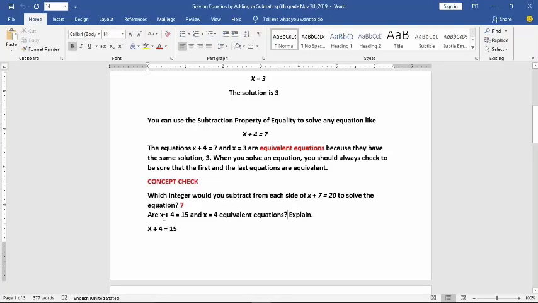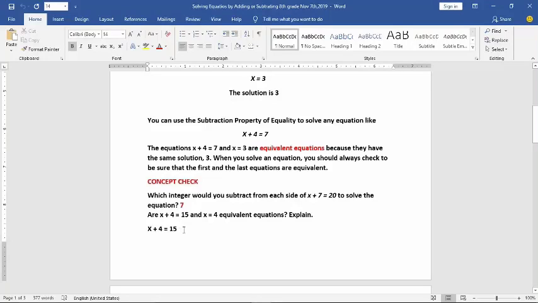Are x plus 4 equals 15 and x equals 4 equivalent equations? We don't know. Let's see. X plus 4 equals 15. X plus 4 minus 4 equals 15 minus 4.